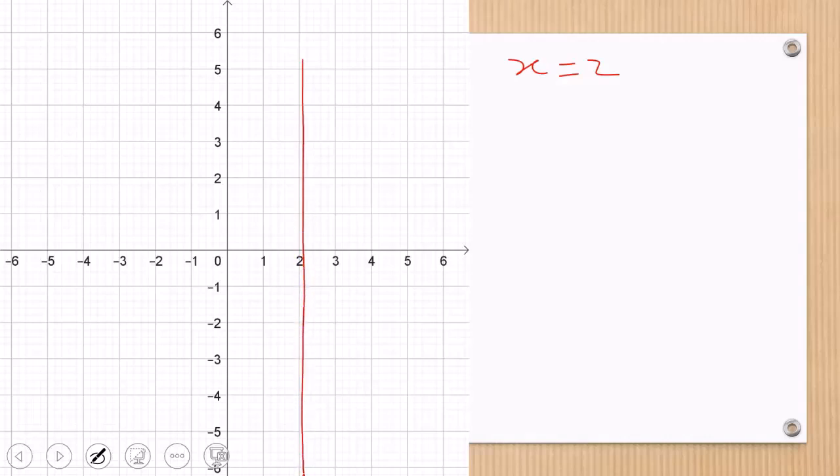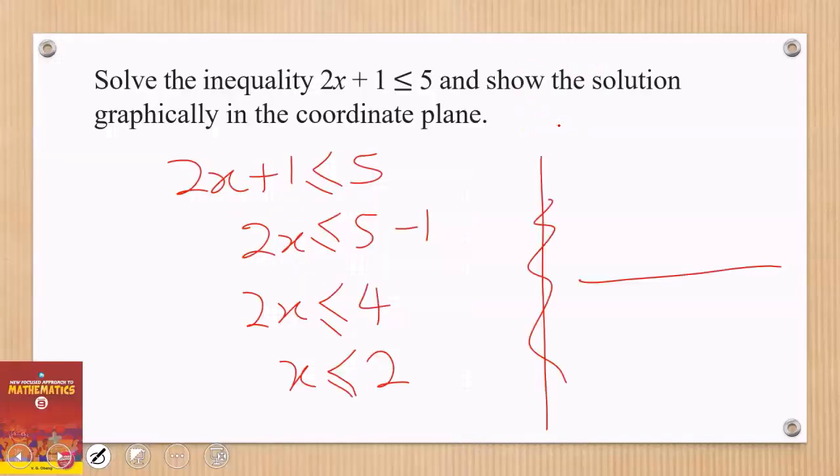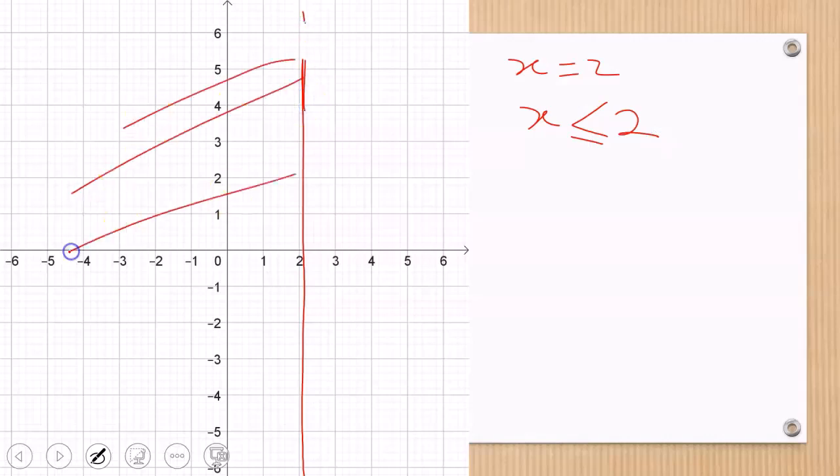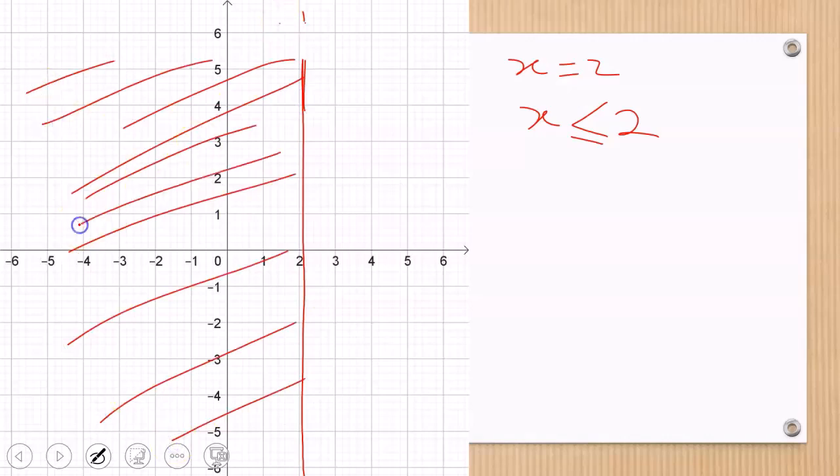Okay, but we are looking at x less than or equal to 2, and that means that we will have all the points shaded this direction to show that any point you pick here, x will be less than or equal to 2. That is what it means.